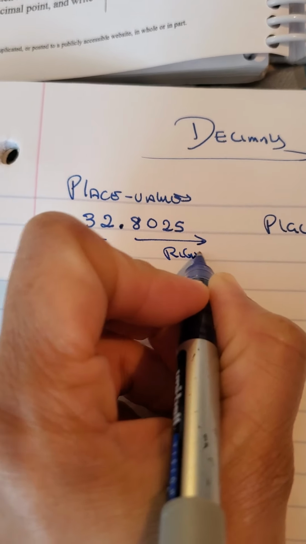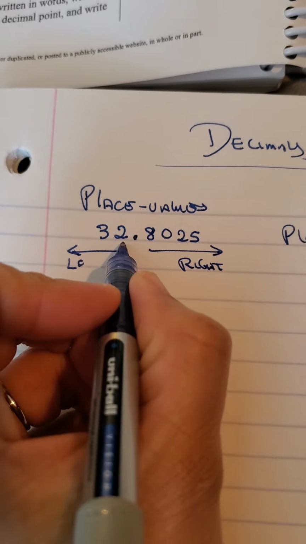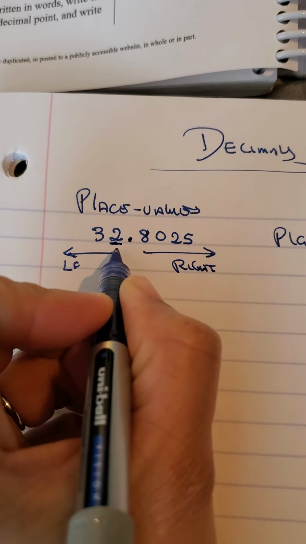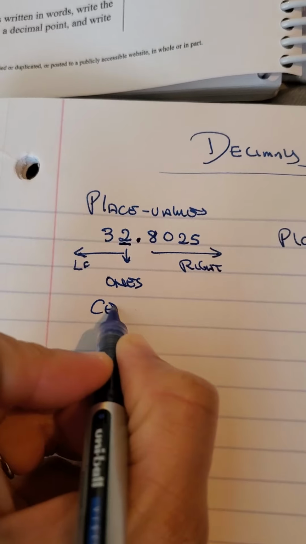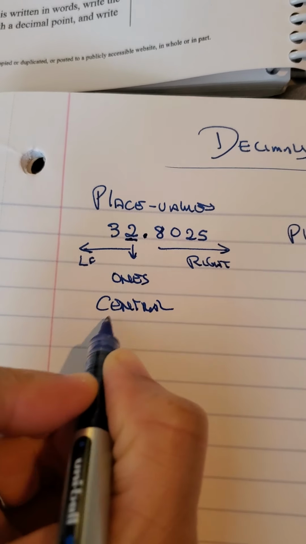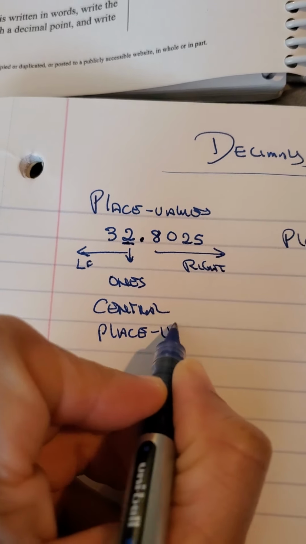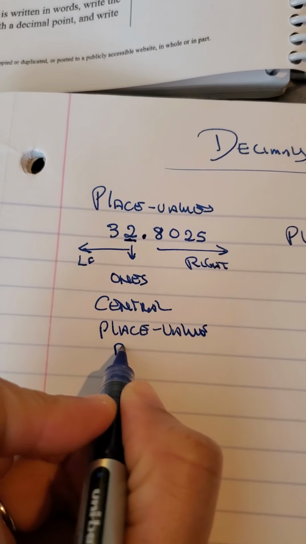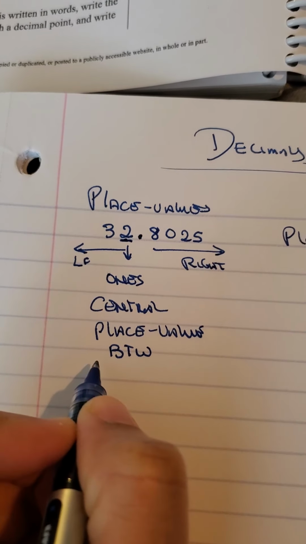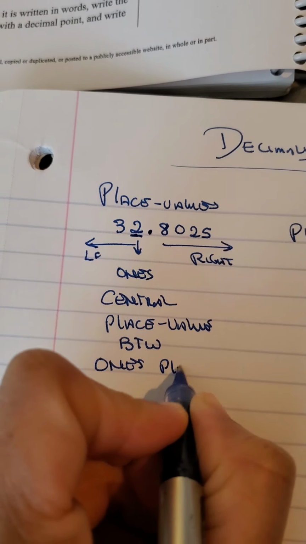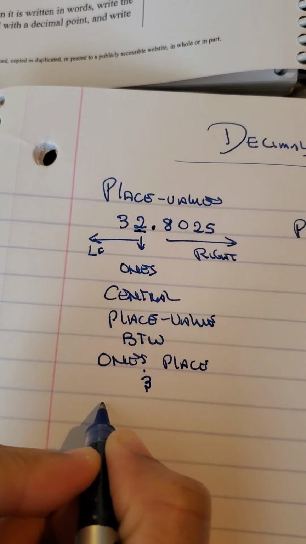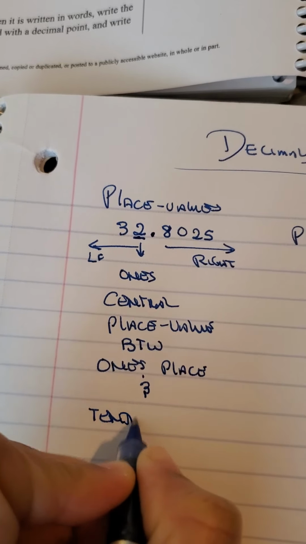Remember, I said in the notes that the ones place, which will be the 2, is that central place value between the ones place and the tenths place.